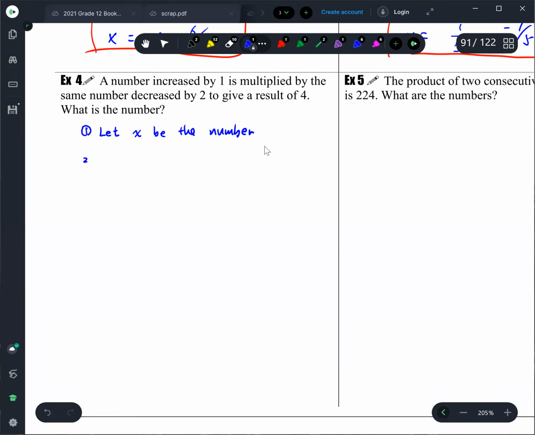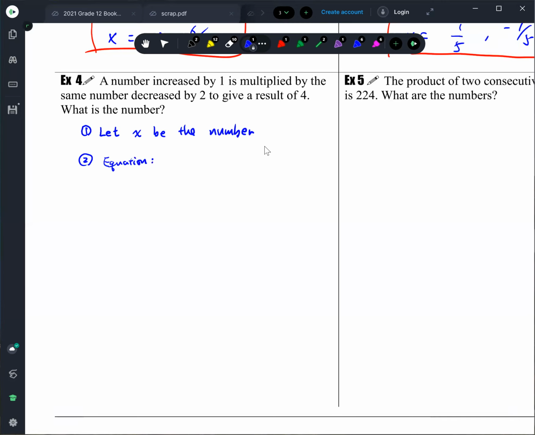Step 2, you need to write out the equation. So we need to look at the sentence here. A number increased by 1 is multiplied by the same number, which is the x, decreased by 2 to give a result of 4. We need to translate that into an equation. Equation means you need to have an equal sign.